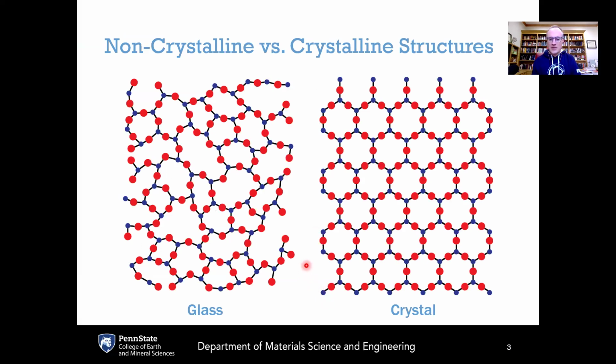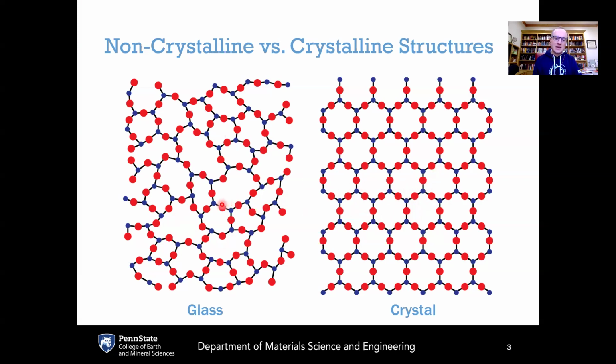One of the common themes in non-crystalline versus crystalline structures is that oftentimes the basic unit is the same in both cases, where you can see comparing the glass on the left and the crystal on the right. The basic building block is the same, but the way in which they're connected is different. On the right-hand side with the crystal, these units are all connected in an orderly fashion. They're making these six-membered rings that get repeated.